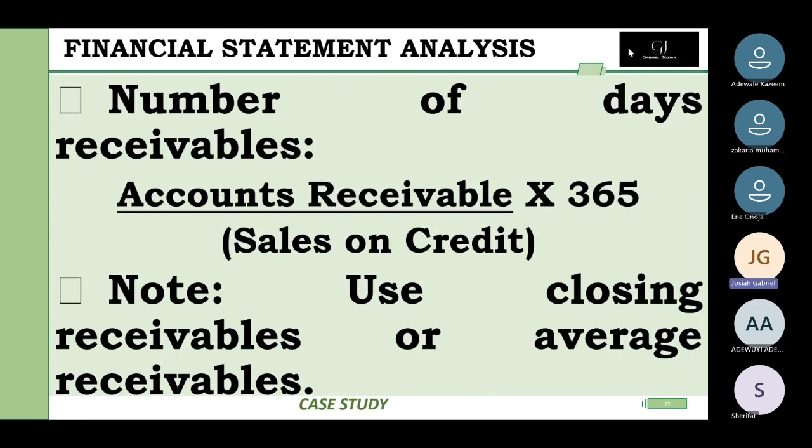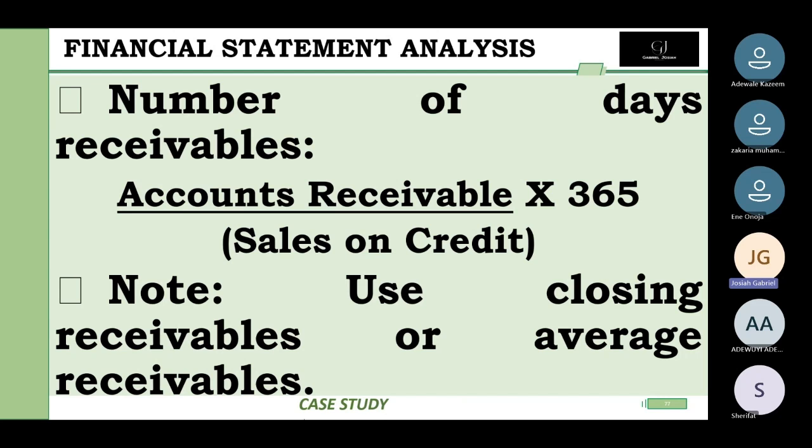We also have the number of receivable days, where you sell on credit. The number of receivable days is the account receivable, which is your current asset, divided by your sales on credit, times 365 days.